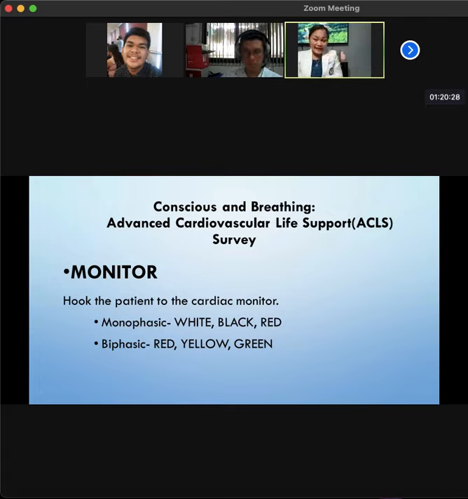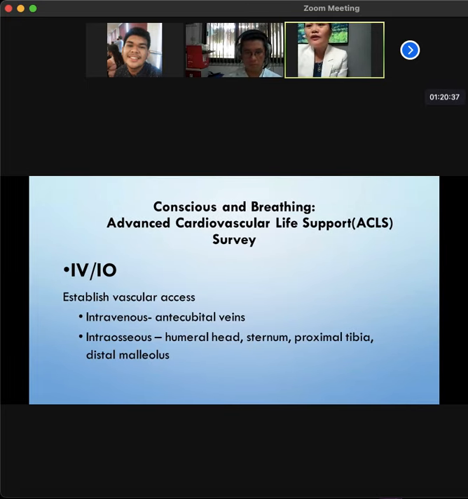Okay, naintindihan? Para hindi ninyo makakalimutan. Ang tendency kasi, pag nandun na kayo sa pasyente or nagpapanik na kayo, hindi na ninyo ma-recall kung ano na yung dapat gawin. Okay?